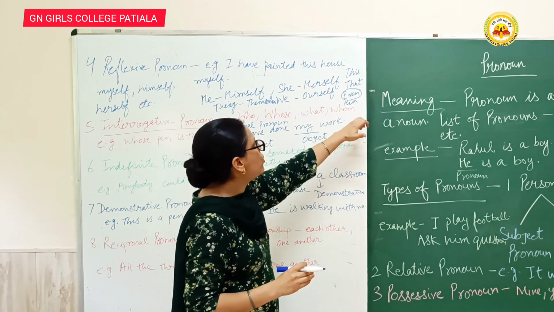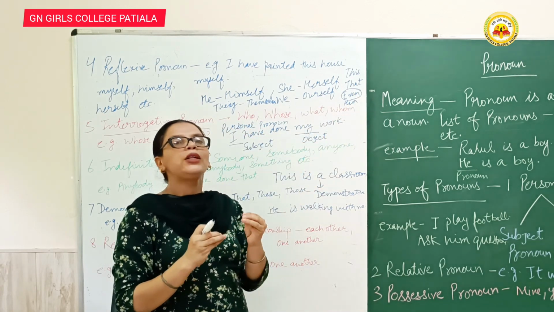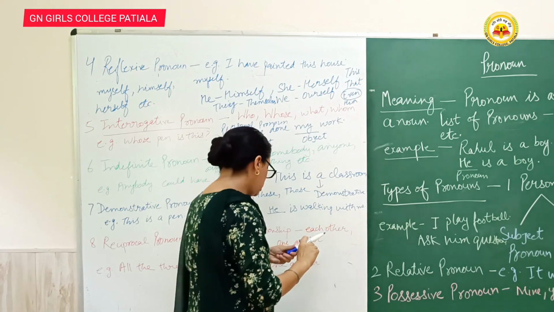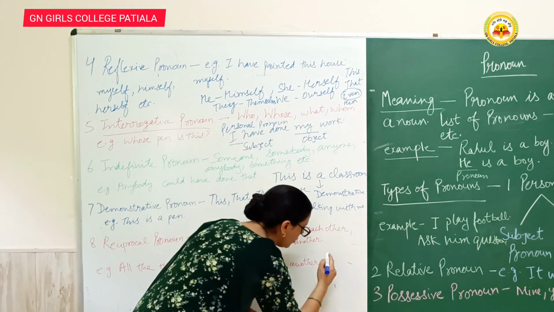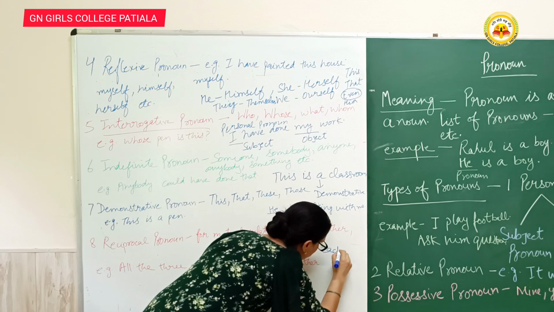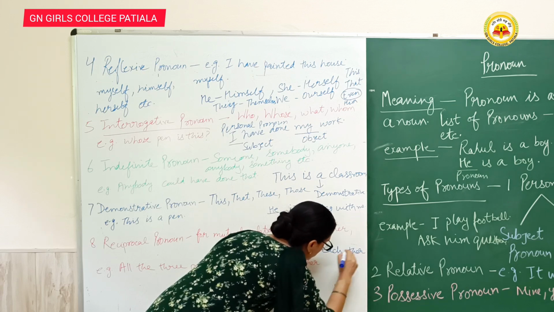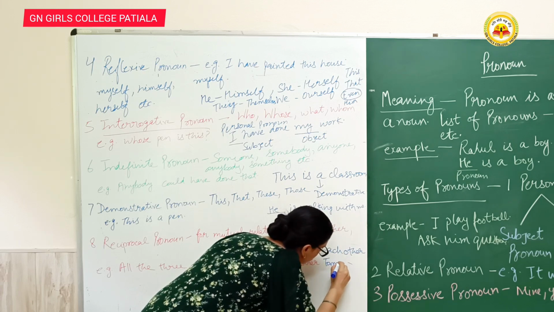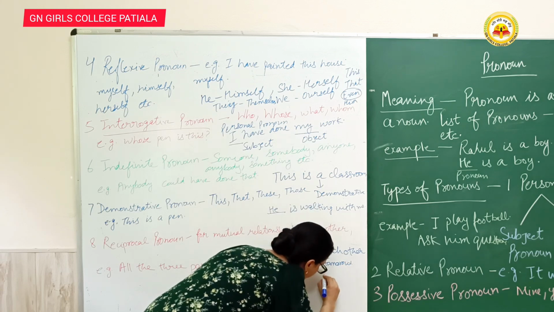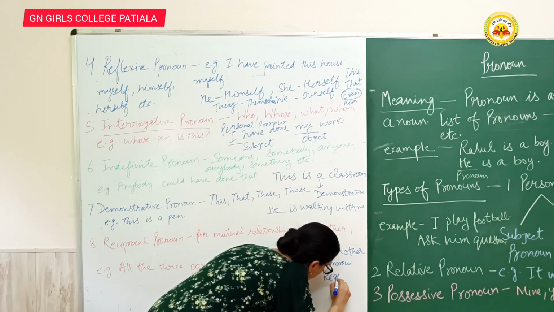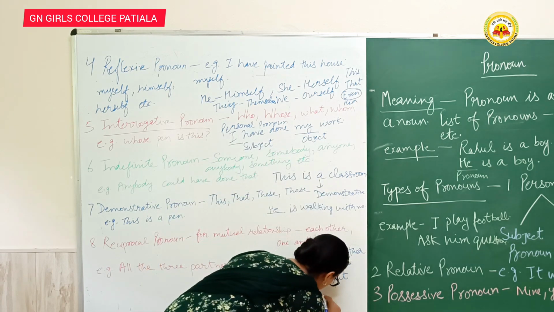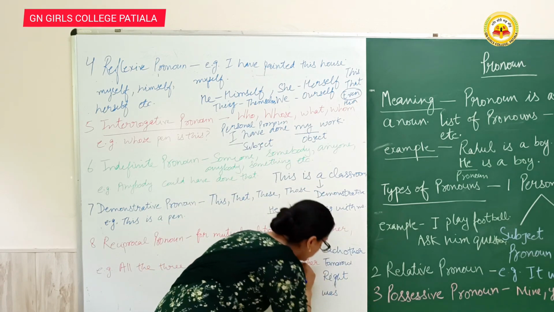Sometimes you have to circle the correct pronoun from a list, like each other, tomorrow, right, was.